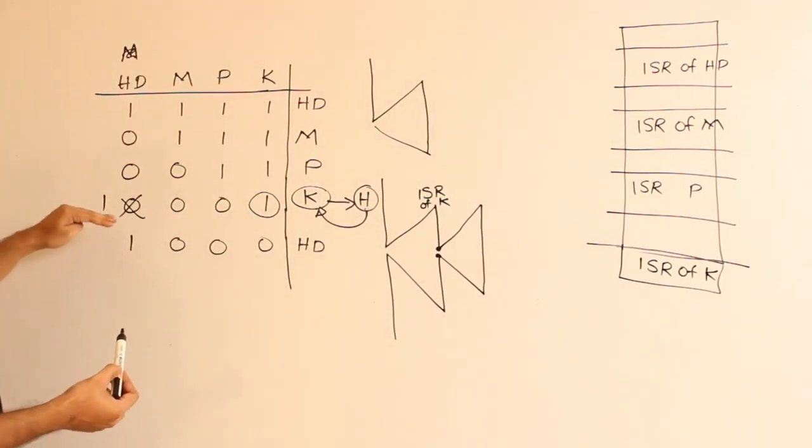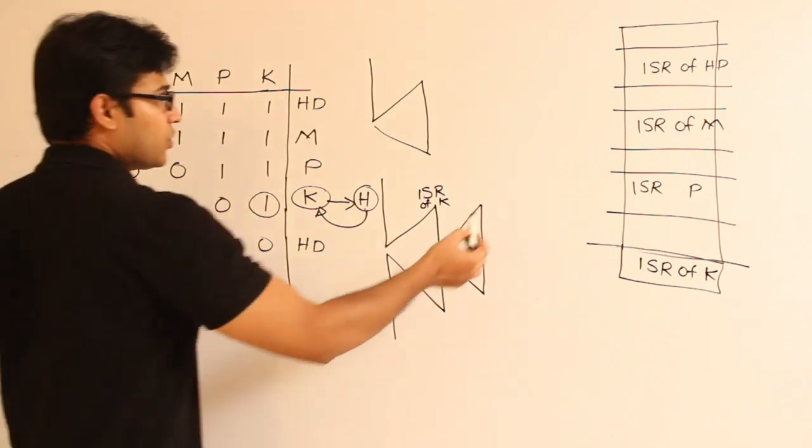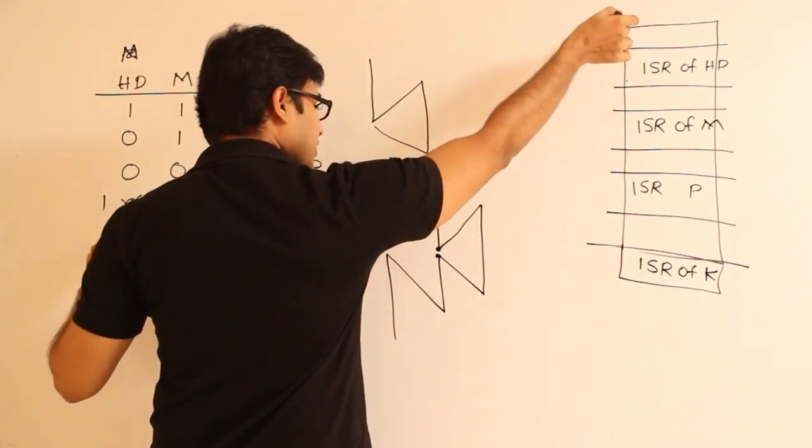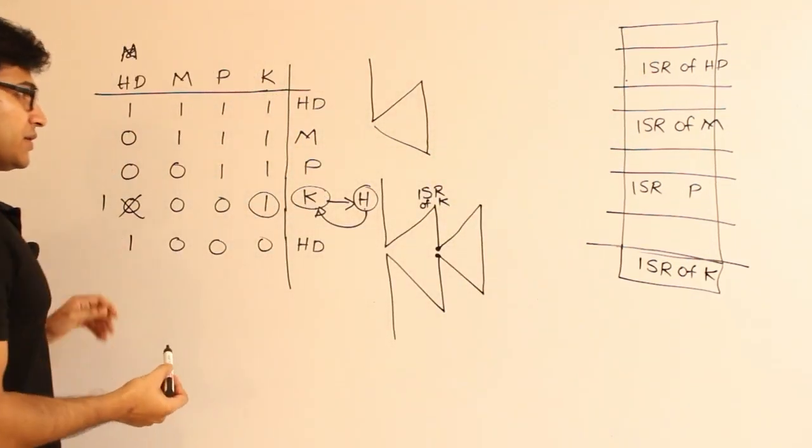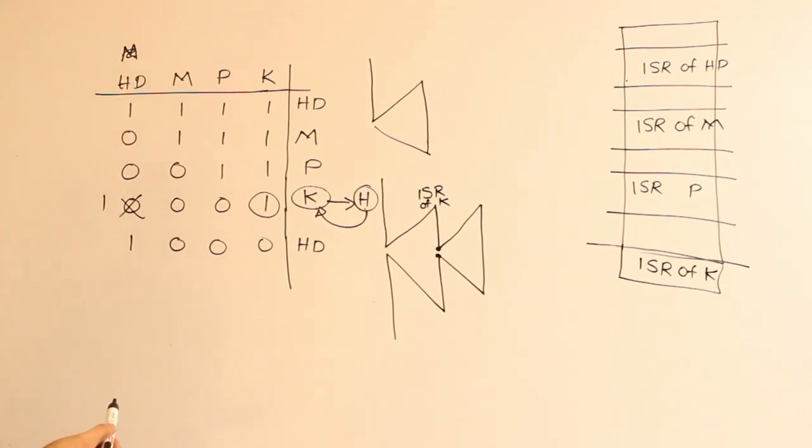Depending on the interrupt we got, we go to that particular interrupt service routine and execute those instructions.